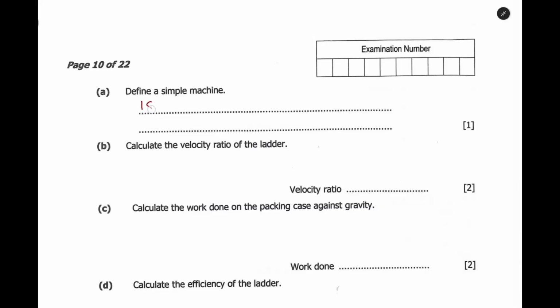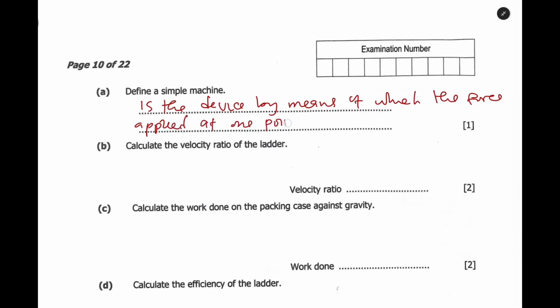But I like this one: it is the device by means of which the force applied at one point is used to overcome another force at some point in a system.